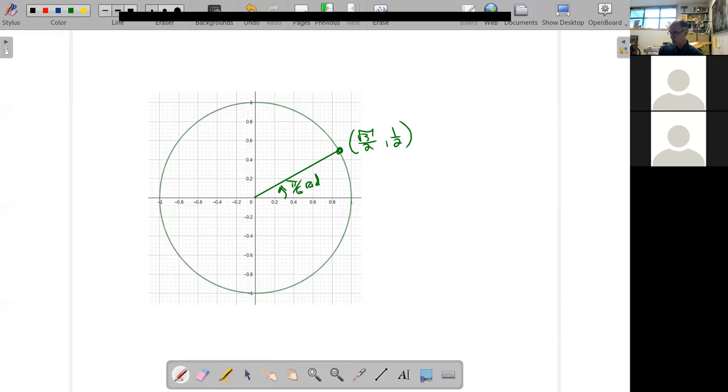And I can see the way I drew my point, I think 1/2 looks pretty good as the y value. I'll buy that, right? 1/2 would be right about there. Let's see what square root of 3 over 2 is on a calculator just to see if it looks right.